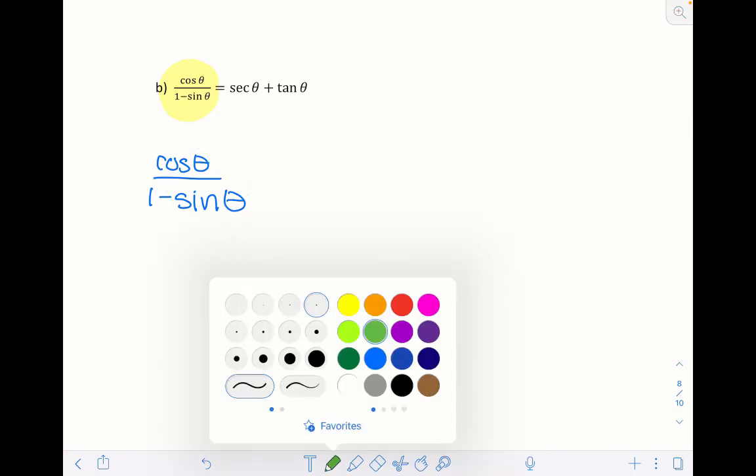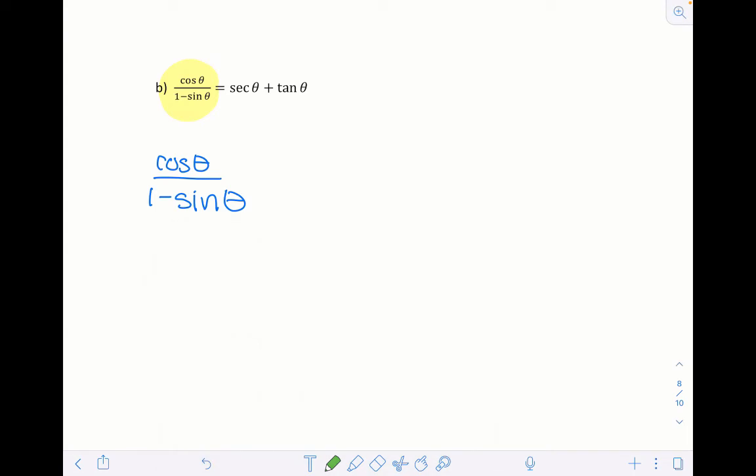But this is where I wanted to say to remember the conjugate as an option with these types of identities. If I don't see much to do here, one thing I could try is multiplying by the conjugate. So I'm going to do that.